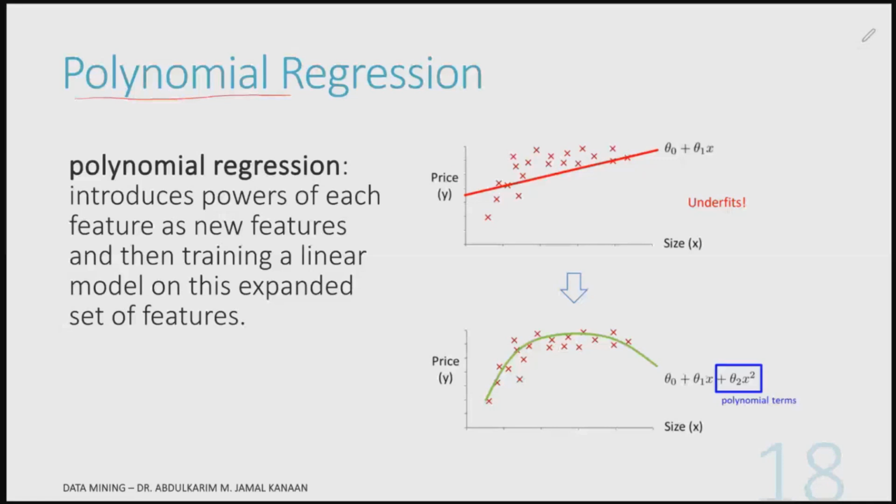Polynomial regression introduces powers of each feature as a new feature, and then trains a linear model on this expanded set of features. What does it mean? In polynomial regression, we are adding powers for our features. Let's say we're looking to map between the size of apparel and the price.